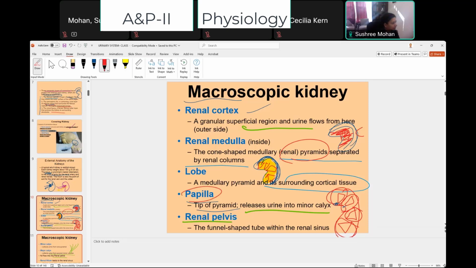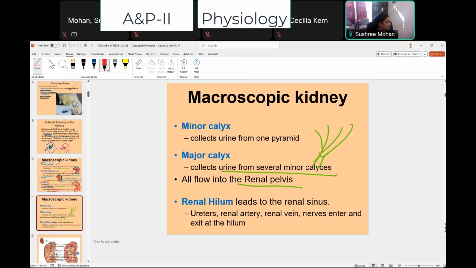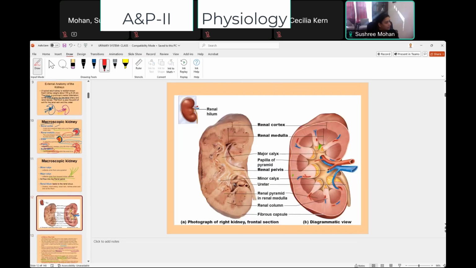And they all direct the urine towards the funnel-shaped tube, the renal pelvis. They will direct it towards the funnel-shaped renal pelvis over here in this diagram. So over here you see this part right here, this is the cortex.